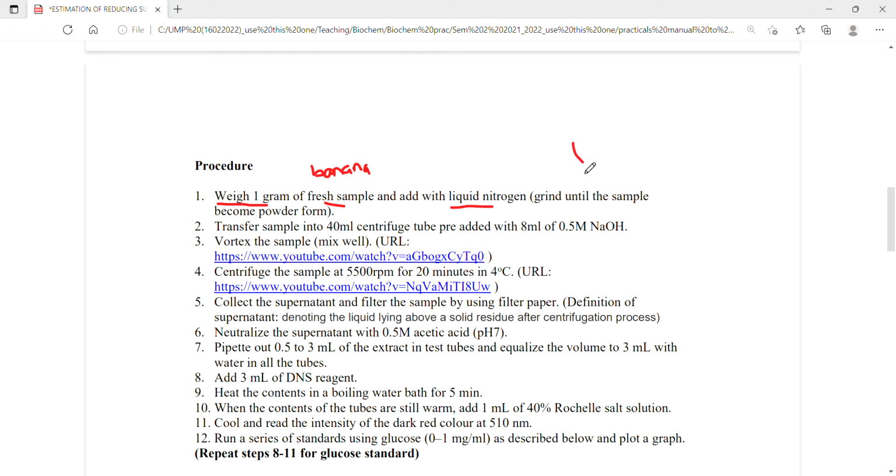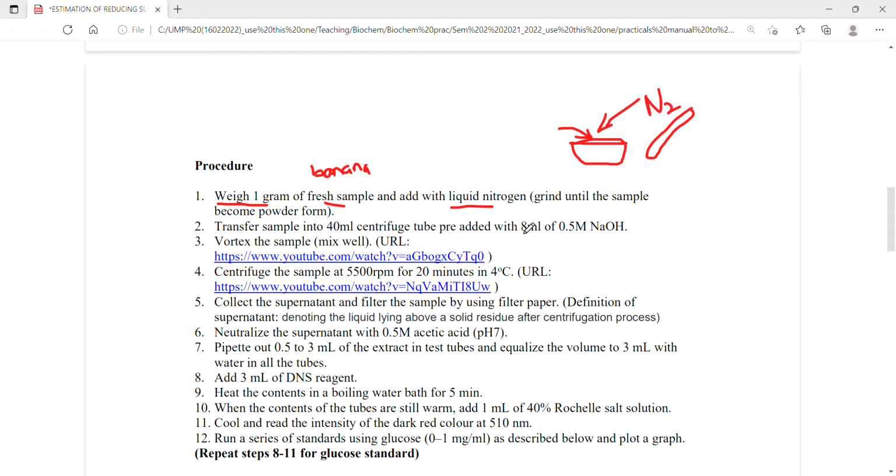Normally we use a pestle and mortar. If you don't understand what a pestle and mortar is, it's just something to hit with. Put the 1 gram sample in, and add liquid nitrogen.